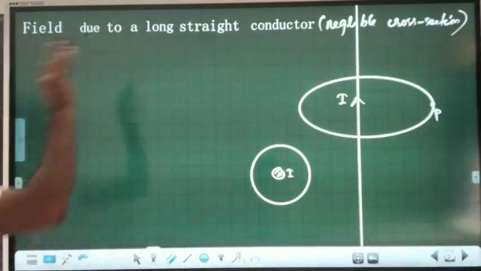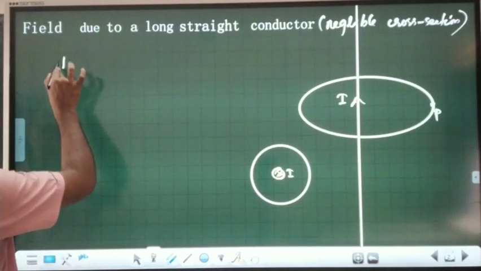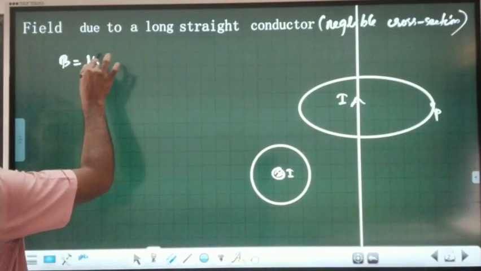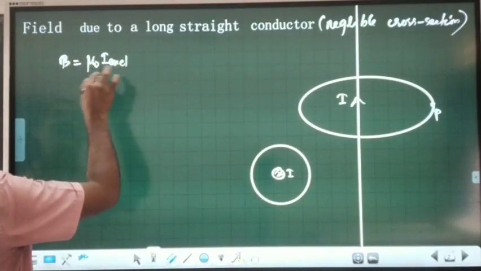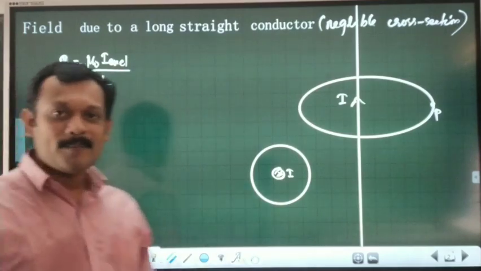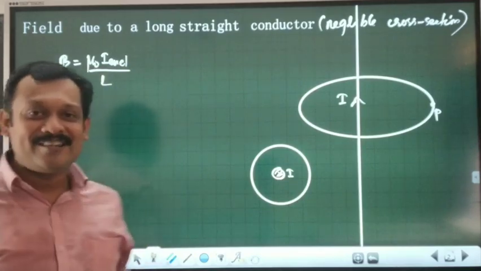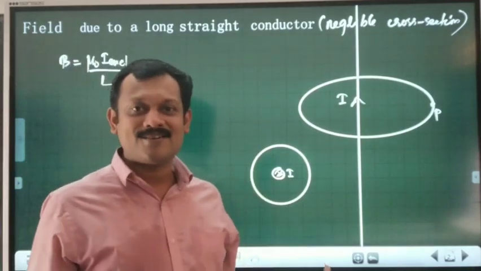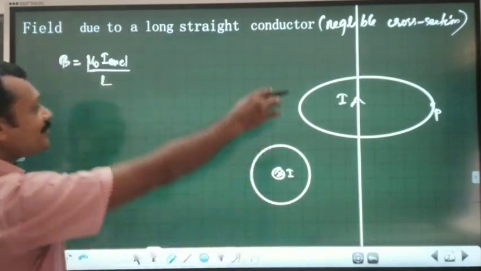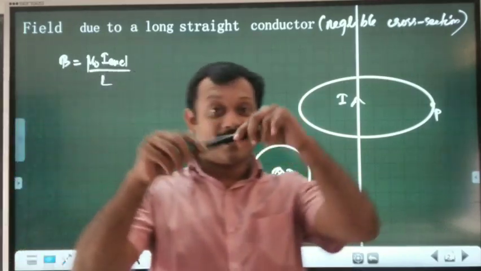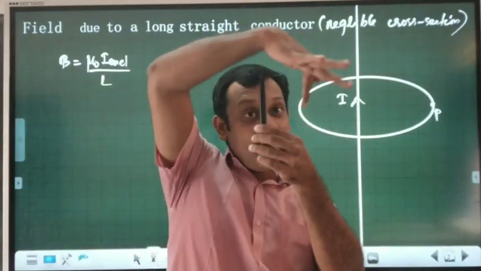Now, Ampere's law, as we told, is very simple. Magnetic field is equal to mu 0 I enclosed divided by L. Problem is over. It's that simple to apply Ampere's law, I tell you. Now tell me, what is I enclosed by this circle? The current is going upward. This is the Amperian loop.